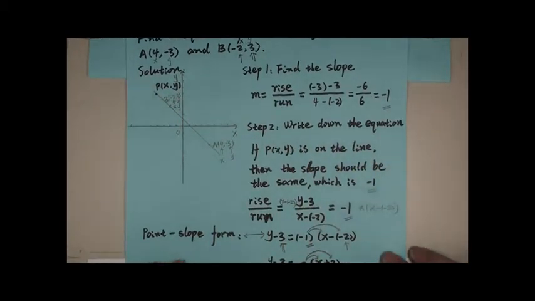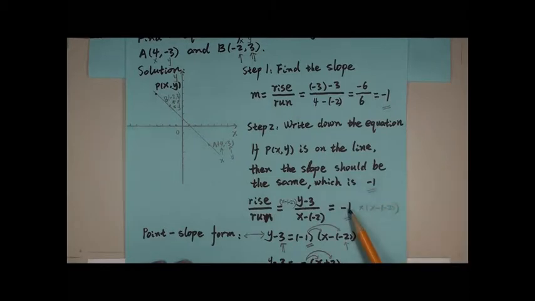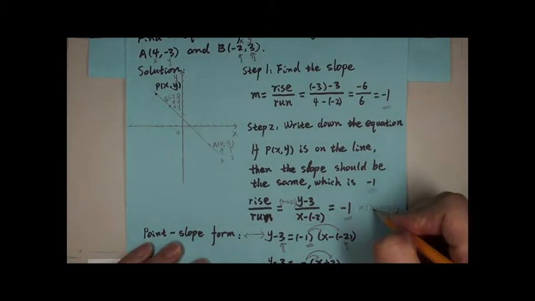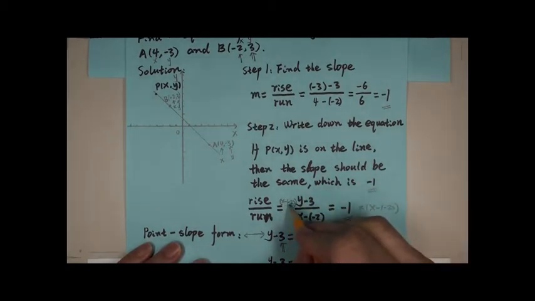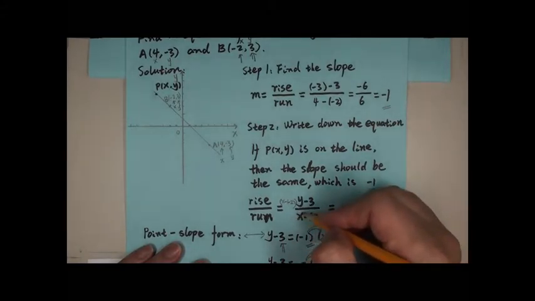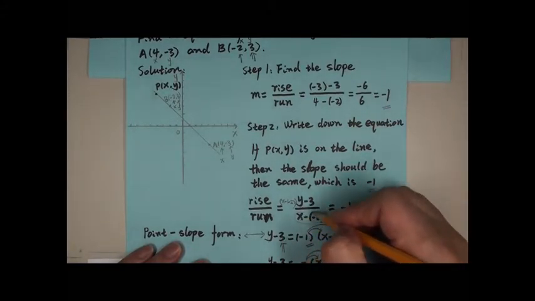Okay, now still negative 1, so both sides multiplied by the denominator, x minus negative 2. Left hand side also multiplied by x minus negative 2. You can actually cancel this one with this one.